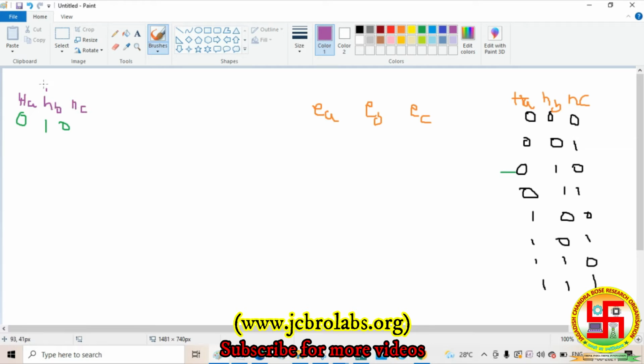From HA, HB, you will get the induced EMF A. From HB, HC, you will get the induced EMF B. And from HC, HA, you will get the induced EMF C. So how are we converting the Hall effect sensor signals into induced EMF A, B, C?